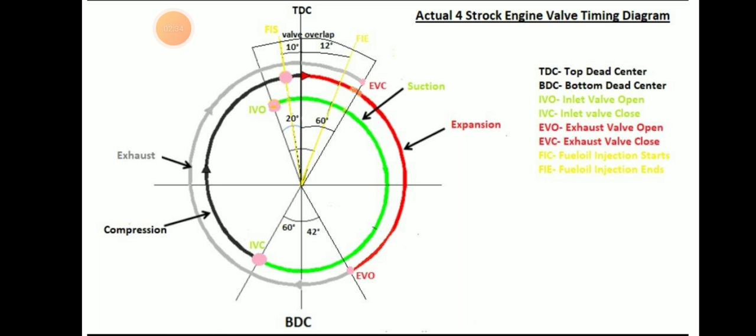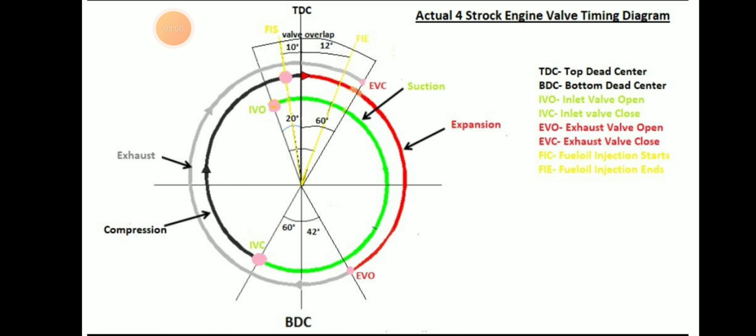To recap: the inlet valve opens 20 degrees before TDC, then the inlet valve closes 60 degrees after BDC, then the compression stroke. When it reaches 10 degrees before TDC, the fuel injection will start. Then 12 degrees after TDC, the fuel injection will stop.